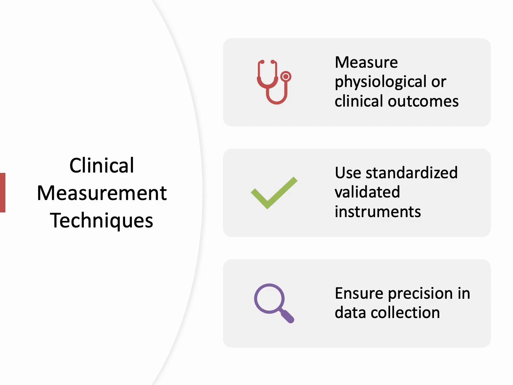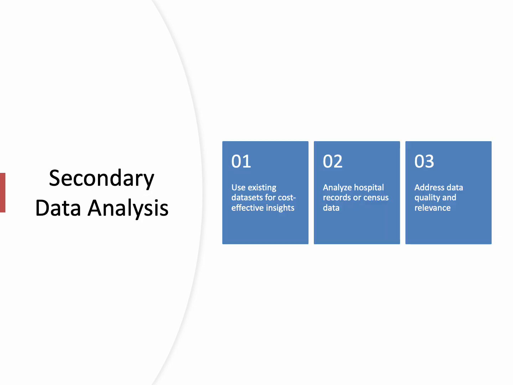This slide transitions to secondary data analysis, where we'll examine how existing records enhance quantitative research in these fields. Following clinical measurements, let's discuss secondary data analysis in quantitative research methods, a cost-effective approach for healthcare management and social sciences.